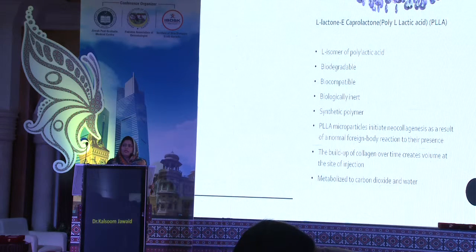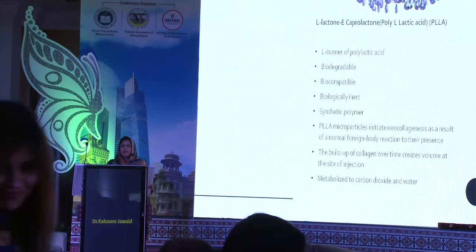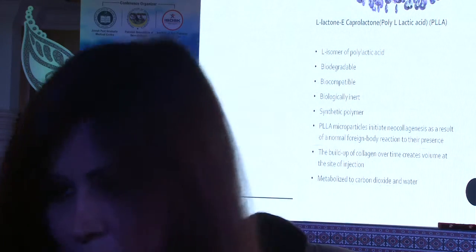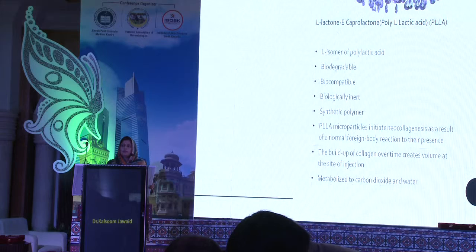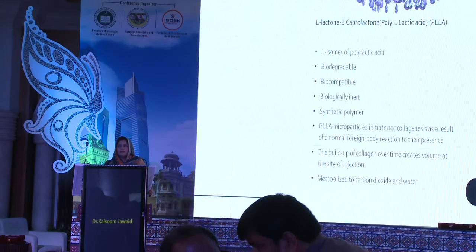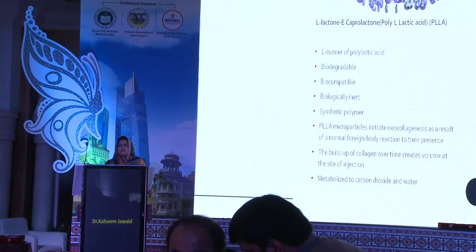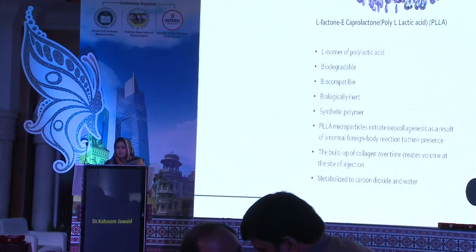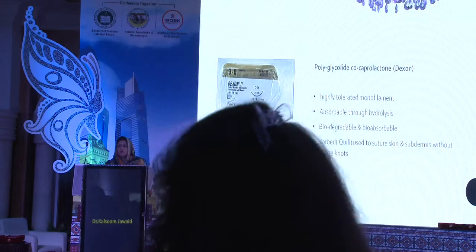Then we move towards poly-L-lactic acid. It is the L-isomer of polylactic acid, also biodegradable, biocompatible, and biologically inert, while being a synthetic polymer. PLLA microparticles initiate new collagenesis around them as a result of normal foreign body reaction. The buildup of collagen over time creates volume at the site of injection, while it also gets metabolized to carbon dioxide and water.